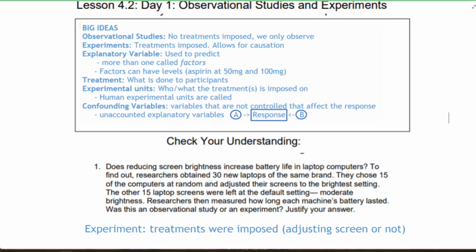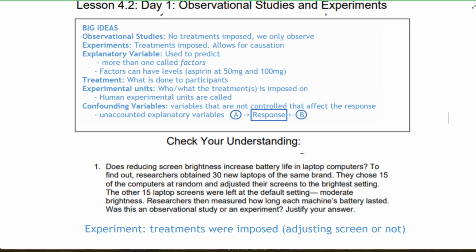Explanatory variables are the things that we use to predict. If there's more than one explanatory variable, we're going to call them factors. And of course, the factors can have two levels. We were looking at this one just now, and our factor of the SAT prep class came at two levels. SAT prep class, yes.